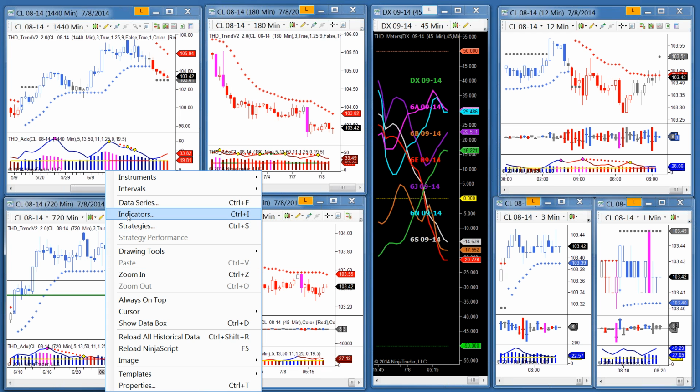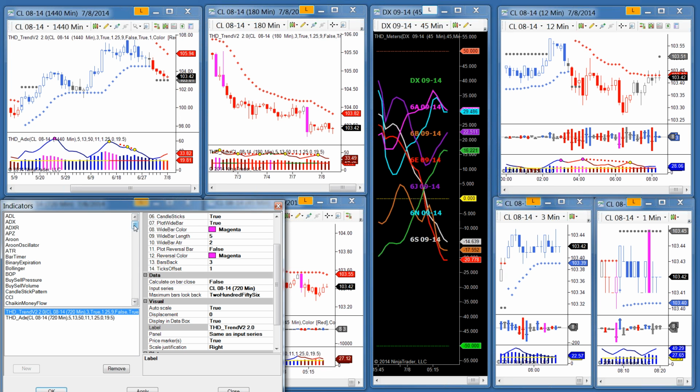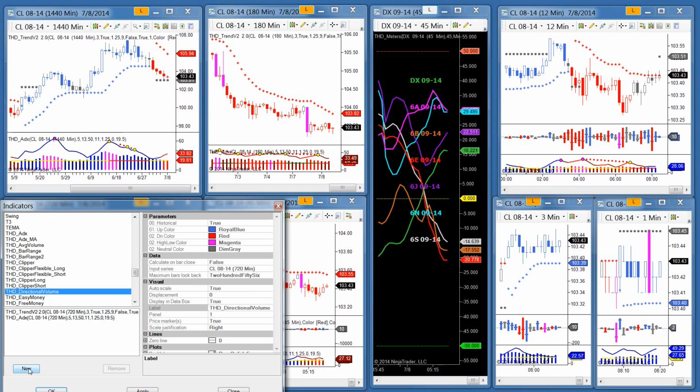Now you could also add the volume indicator, and I'm hoping I don't lock myself up, because this is a higher time frame. Sometimes it'll lock it up. You can also put the directional volume indicator on there. And this is one that's considered out of the money.